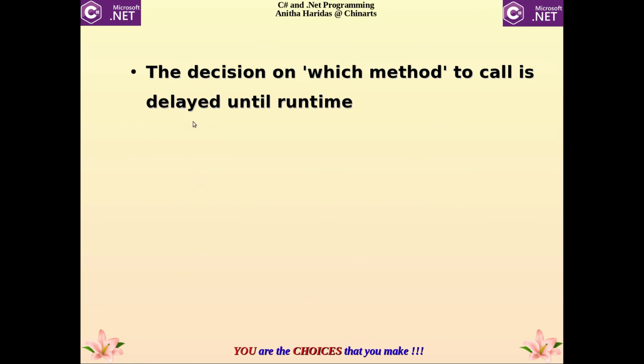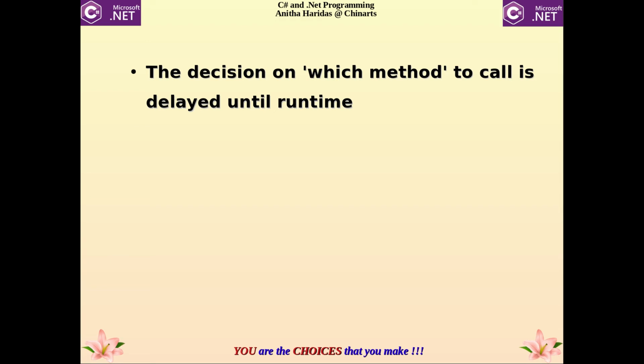And here the decision on which method to call is delayed until runtime. What happens in the compile time polymorphism? Whenever there is a method call, immediately the compiler will bind it to the signature that is matching with the method call. But here the matching will be delayed until the runtime.